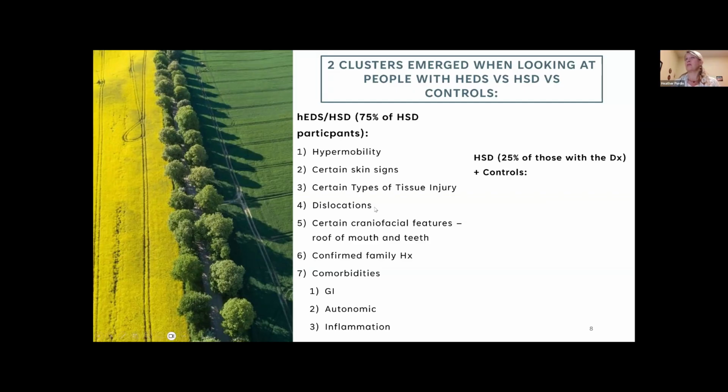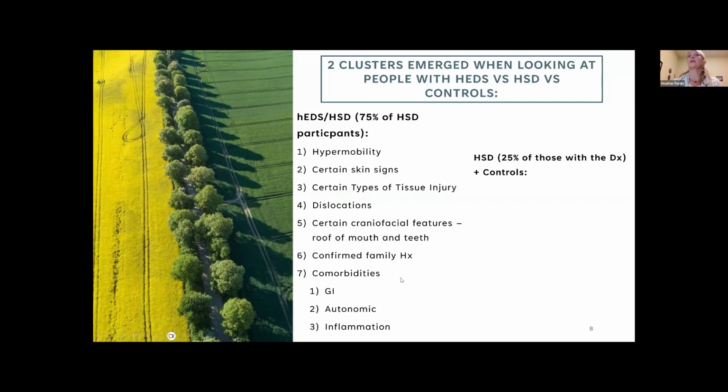I'm not sure how they described that, if that also included subluxations or if it was frank dislocations where the joint was completely not lined up, versus a partial not lining up, which would be a subluxation. And then there were certain craniofacial features, specifically the roof of the mouth being narrow and high, and then teeth, but they didn't say exactly what about the teeth. So that's probably dental crowding, since that was the one on the prior criteria. A confirmed family history, since this is genetic, we are seeing that.